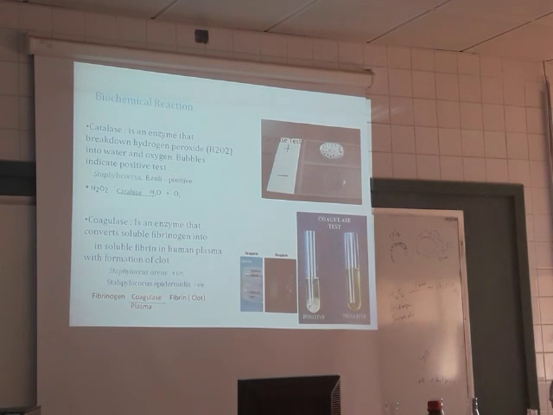When we do it like this, you see bubbles coming out. This means this bacteria has the enzyme catalase. It breaks down the hydrogen peroxide. You see bubbles coming out.